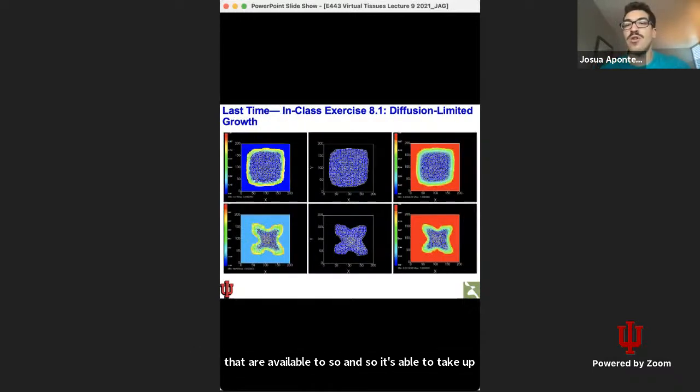And we looked at a couple of different functional forms for modeling diffusion limited growth.